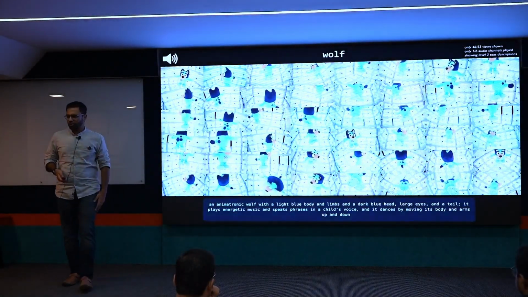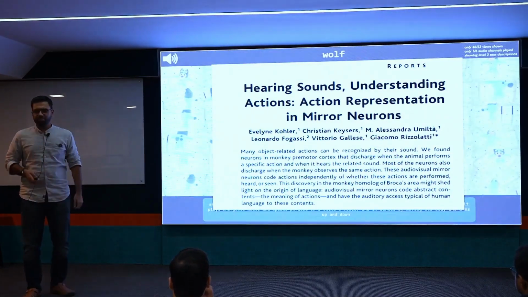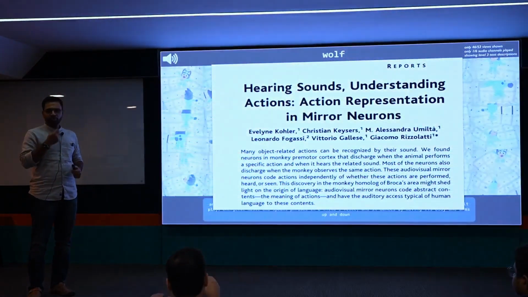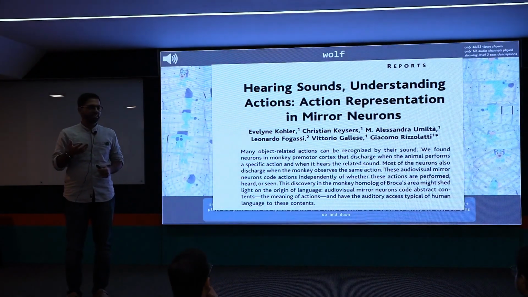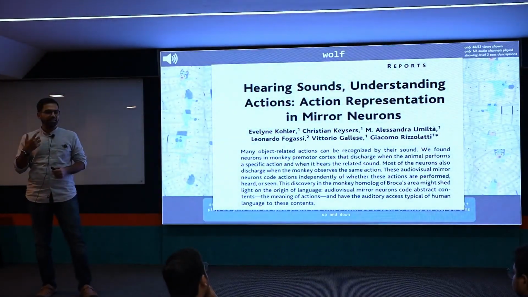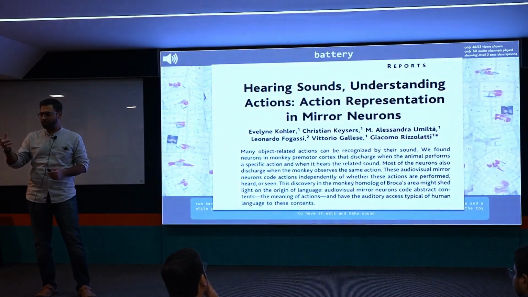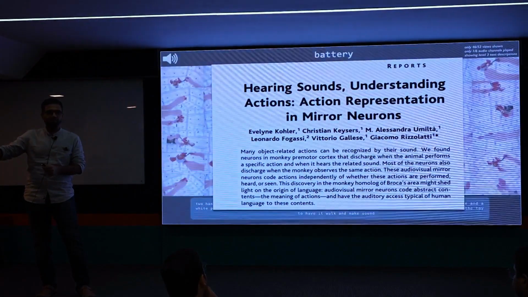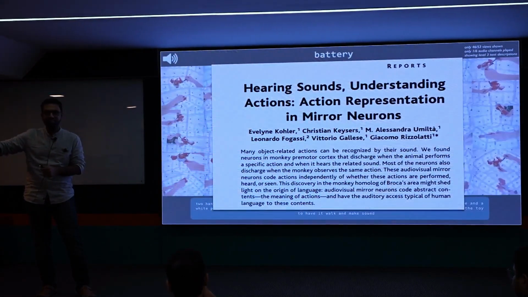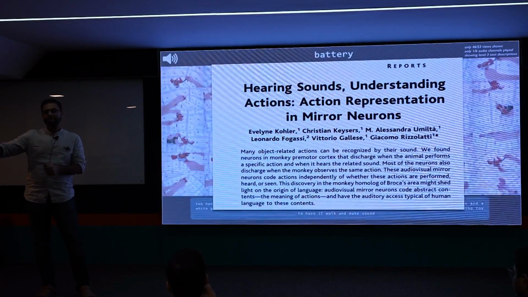Now, why do we care about audio? Well, it turns out that audio actually plays a pretty important role in the way we grasp and manipulate things. In our brain, when we try to grasp an object, even if we didn't see anything, even if we could just hear the sound that we make when we touch things, that's actually sufficient signal to understand what kind of grasping activity is taking place.